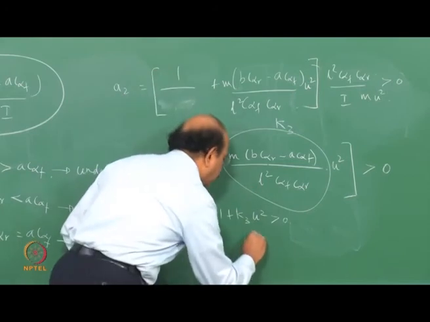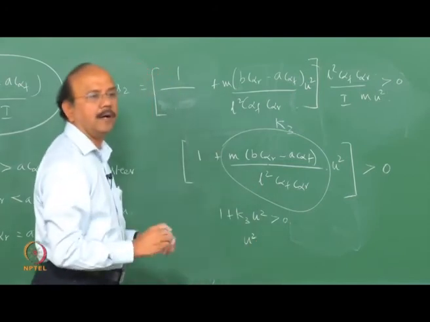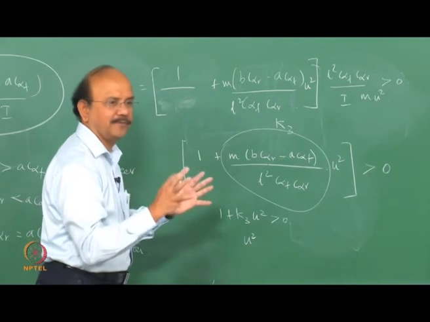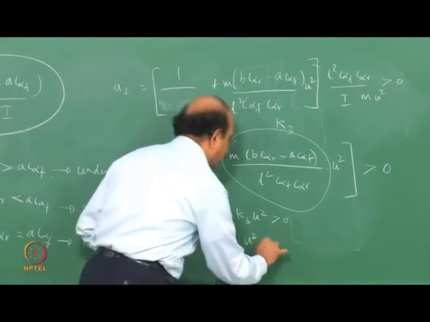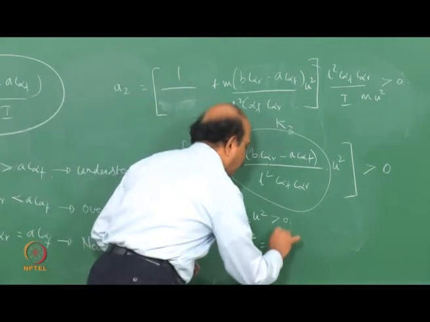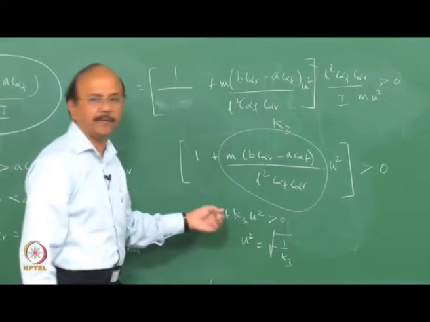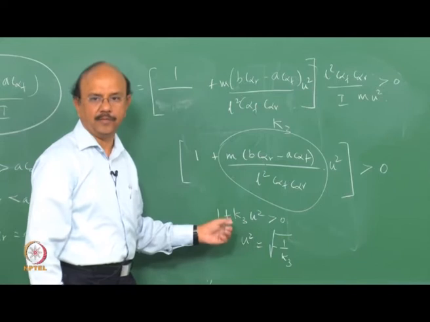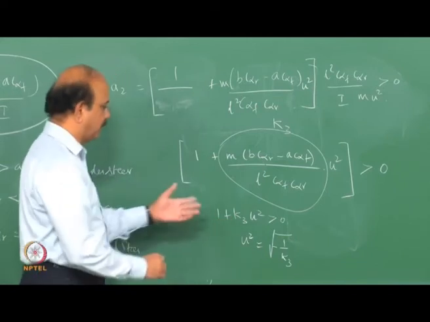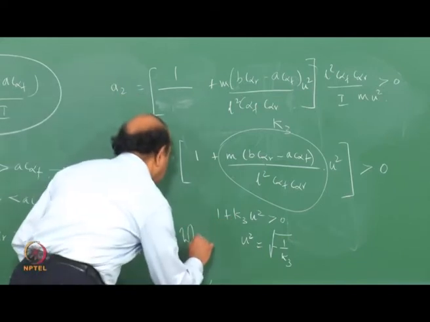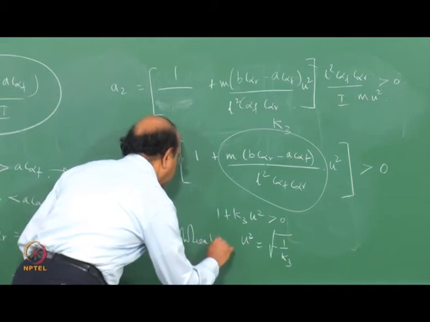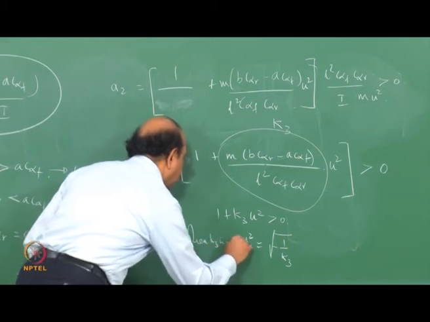So when u squared is equal to minus 1 by K3, that's the condition you would get when K3 is negative.